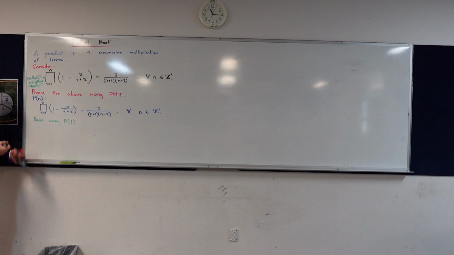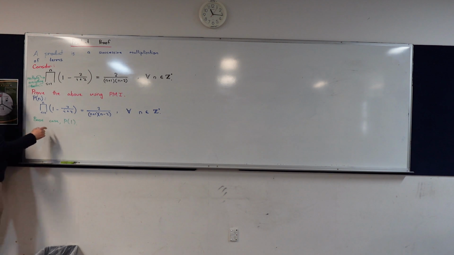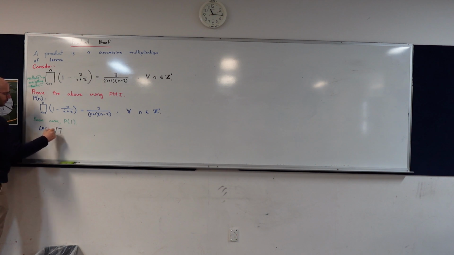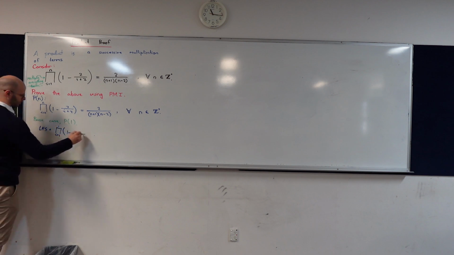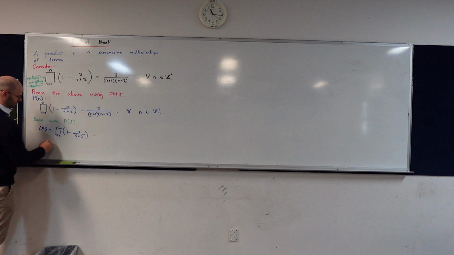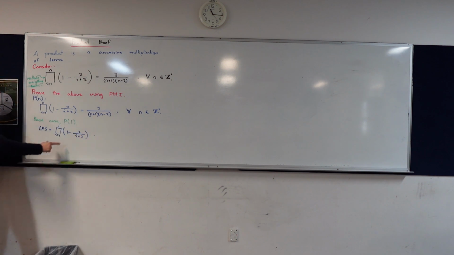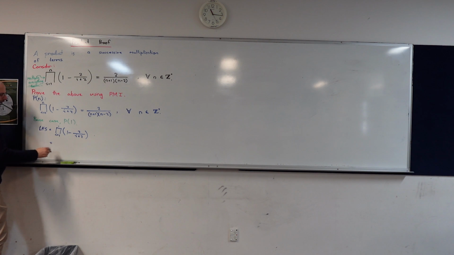No. Okay, so base case is going to be when n equals 1. So our left-hand side is going to be the product starting at i equals 1 all the way up to 1. Like so. Evaluating this, we simply sub in 1 for i.